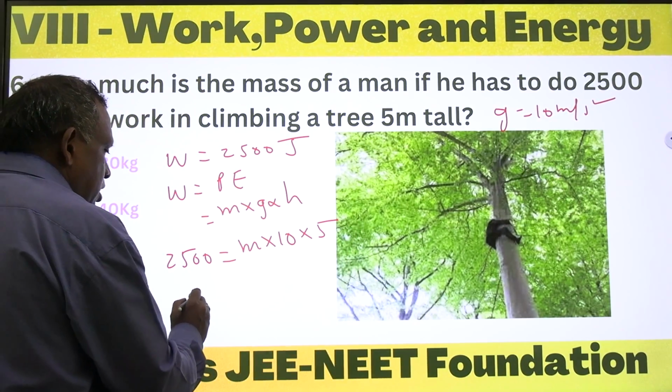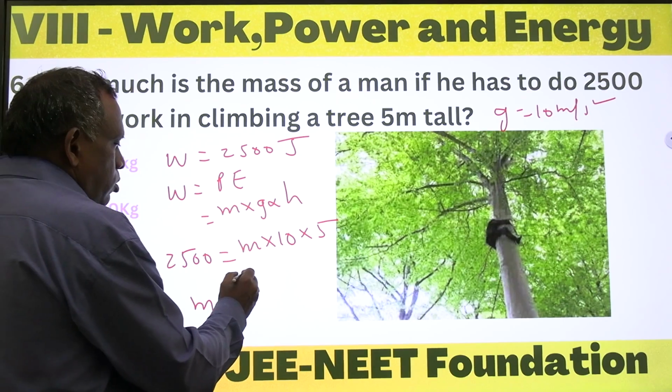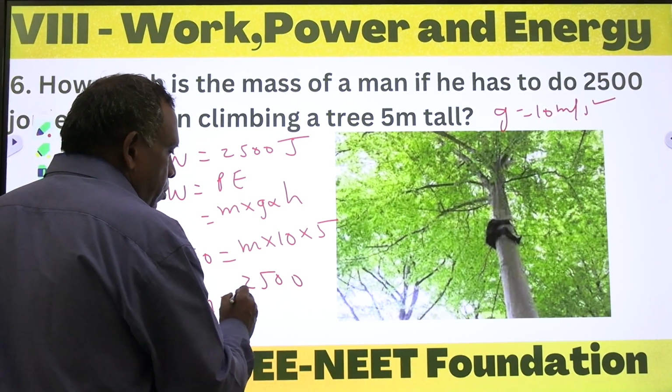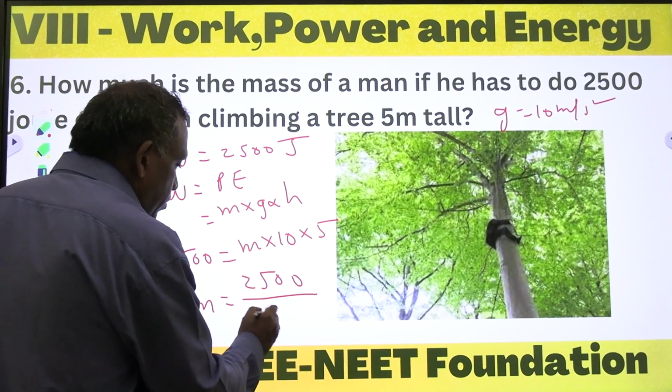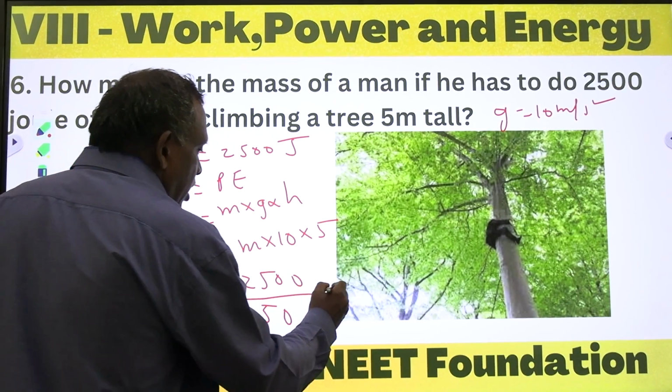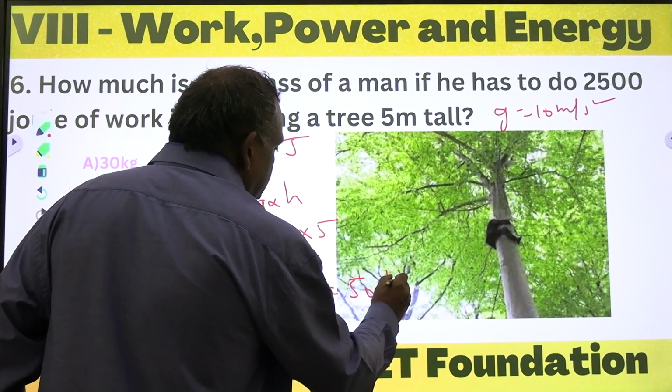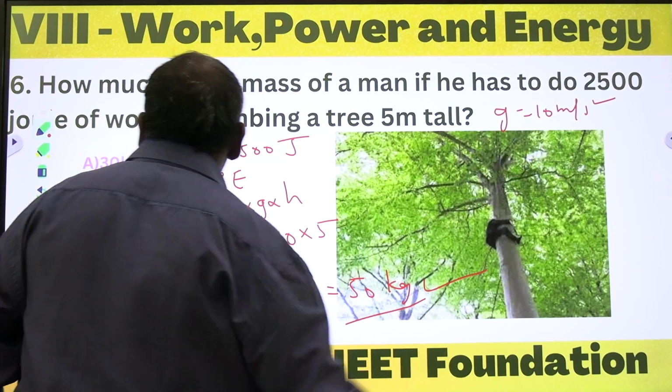If you simplify it, mass equals 2500 upon 5 into 10, which is 50. So 50 kg is the answer.